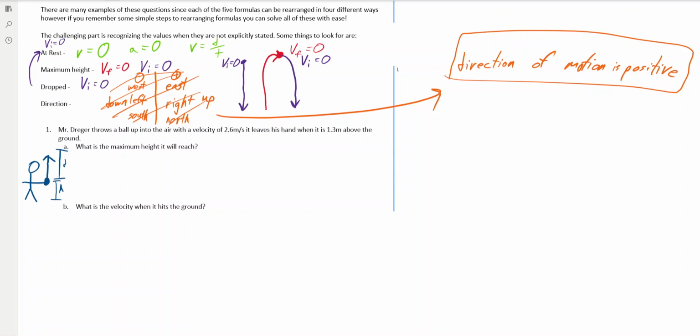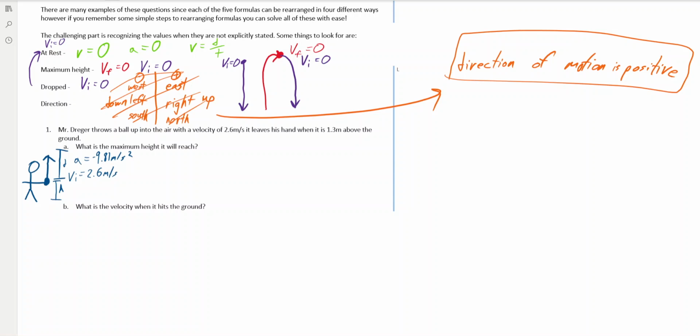So let's just make sure we fully understand this. What is VI? Well, VI is when it leaves my hand, it's 2.6 meters per second. Okay, what is acceleration? Acceleration is negative 9.81 meters per second squared. Why is that? Because it's gravity.